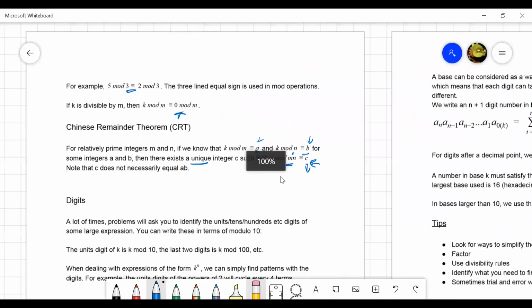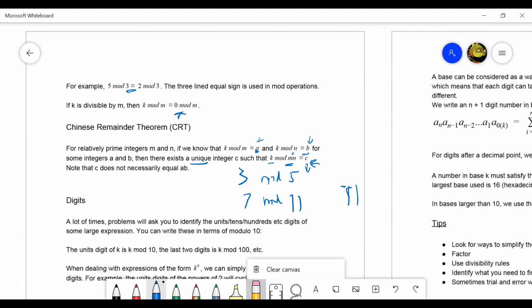Let's say that we know some number mod 5 is equal to 3, and mod 11 is equal to 7 or something. All the Chinese remainder theorem says is that it's going to be some unique number modulo 55. And this is actually going to be equal to 18 mod 55.